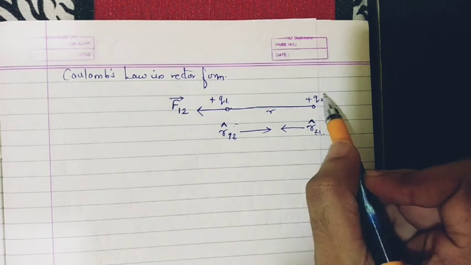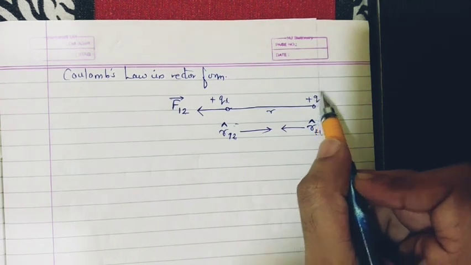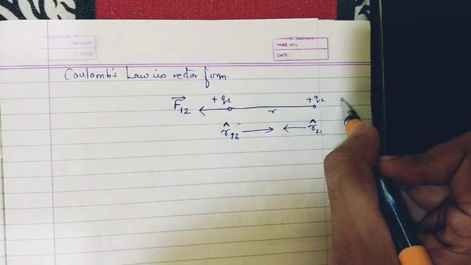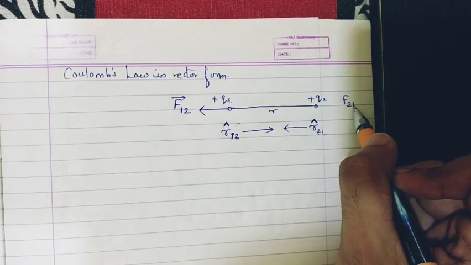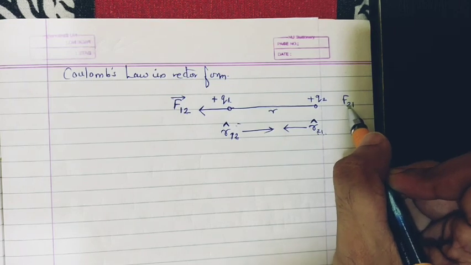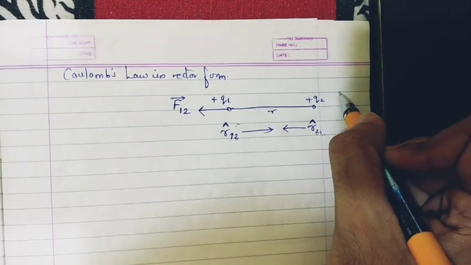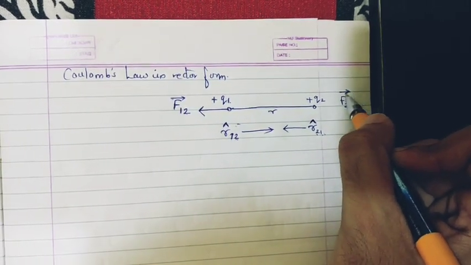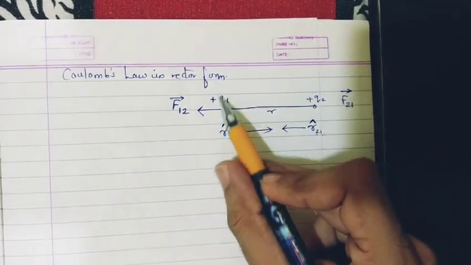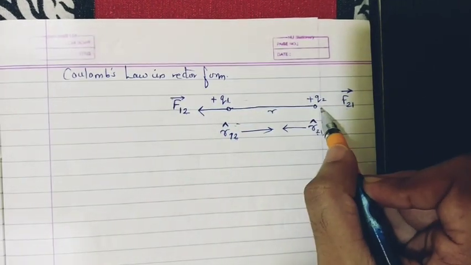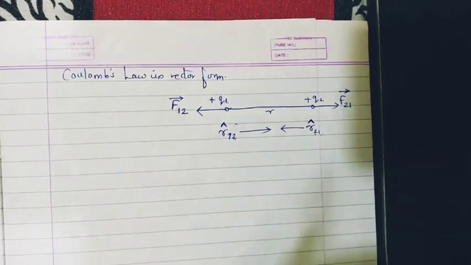Next, the force acting on charge 2 due to 1 is F21, the force on 2 due to 1. It is represented as a vector with an arrow on its head, and since both are positive, this charge will push it away, so it goes to the other side.